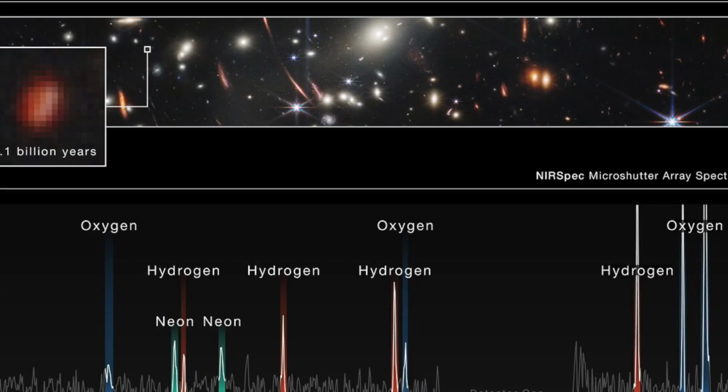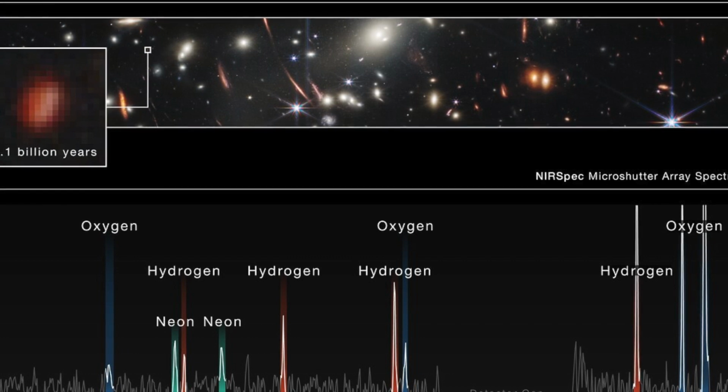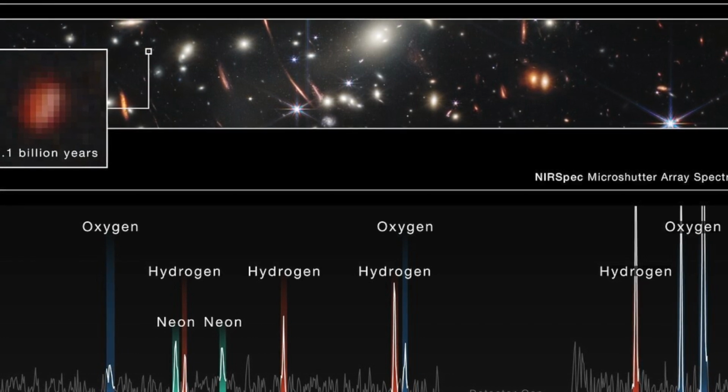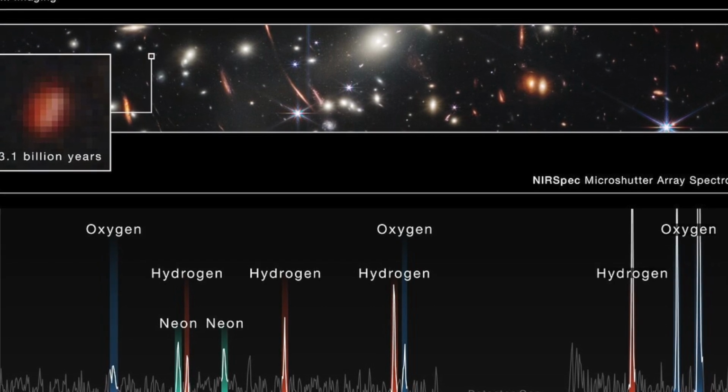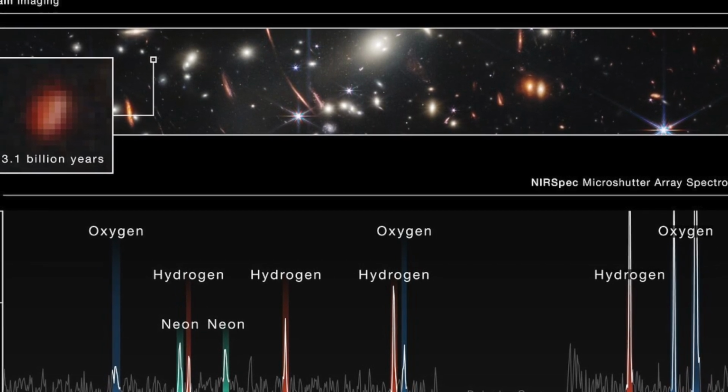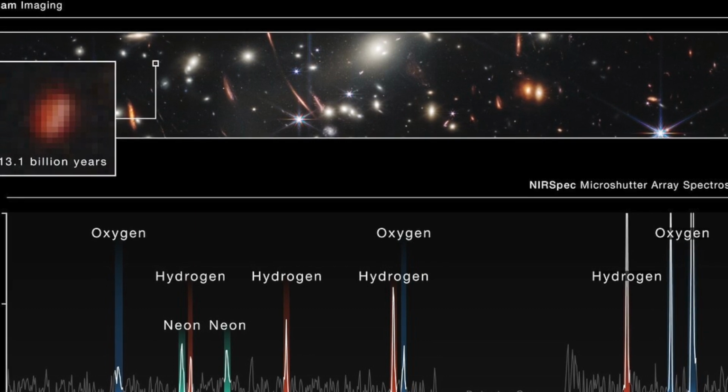And so if you have incorrect calibrations on your red and your blue light images, then you can erroneously think that you found galaxies at really high redshifts, and that might not be correct.